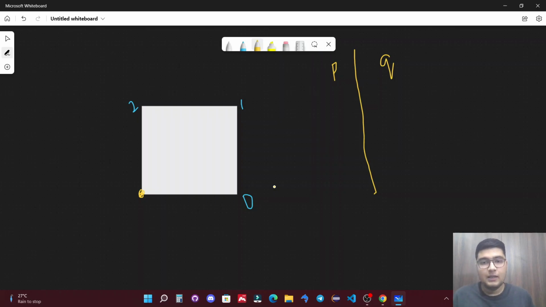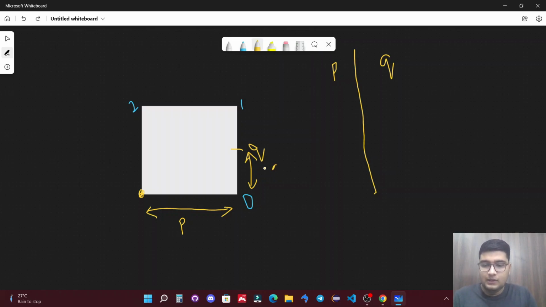So let's see what the possibilities are for this. Let's say this distance is p. Now let's say the ray meets the east wall in the middle, right? Let's say q is here, and q is basically p by 2, or we can say this is the center of the wall.